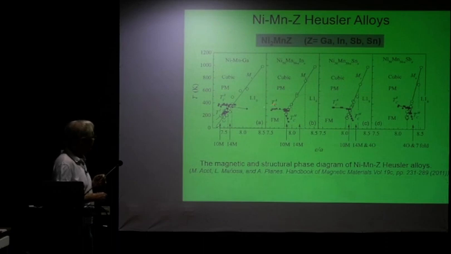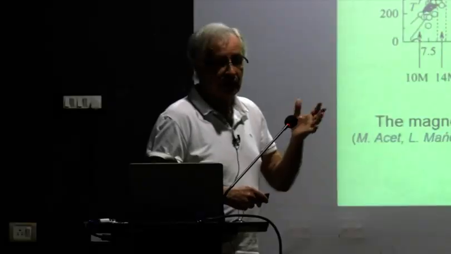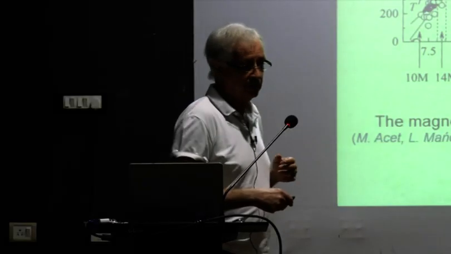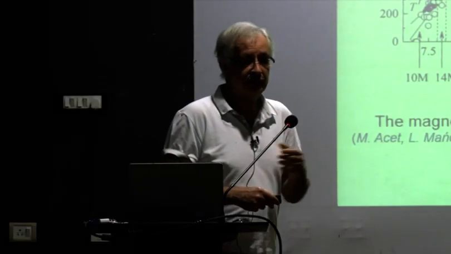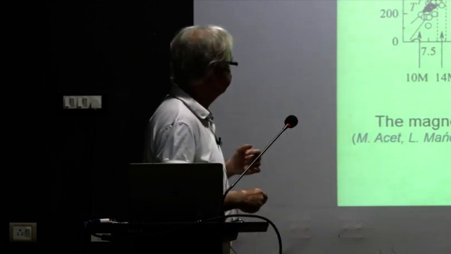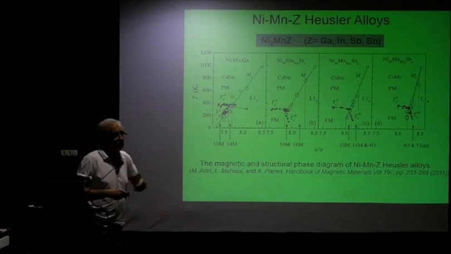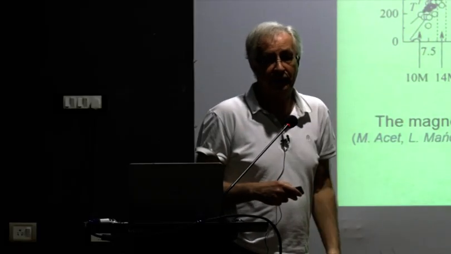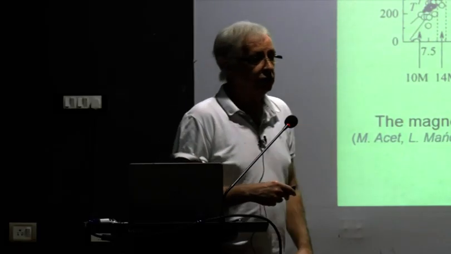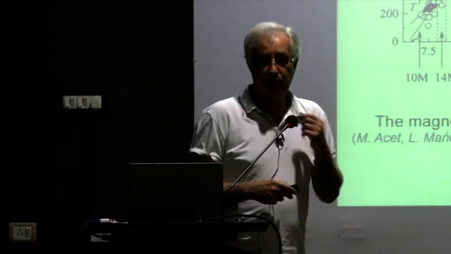So all of these are the region where we have the functionalities of these materials, the magnetocaloric effects, shape memory, and stuff like that. Yes, we are here. We have, let's say, a single crystal. We're applying a magnetic field. We have a magnetic shape memory effect. Good. But in which temperature range can we use this?